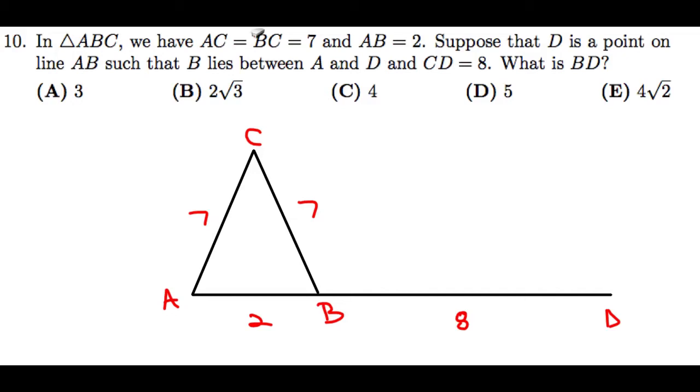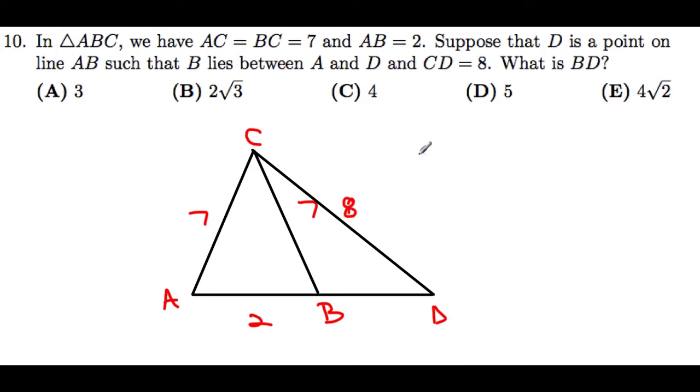Oh, I'm sorry. So I'm going to bring this one in, so that CD is equal to 8. That means I'm going to have another line segment that comes from here to here, that's equal to 8. Alright, now, after setting this picture up, our question is, what is BD? That's our question mark right over here, X.